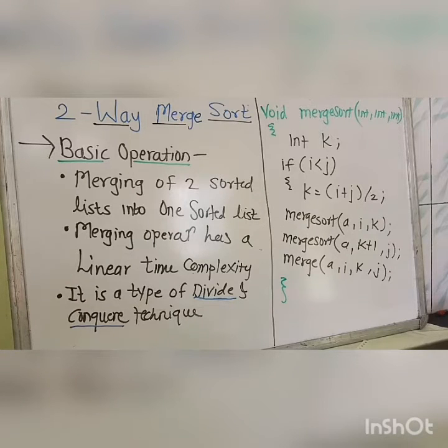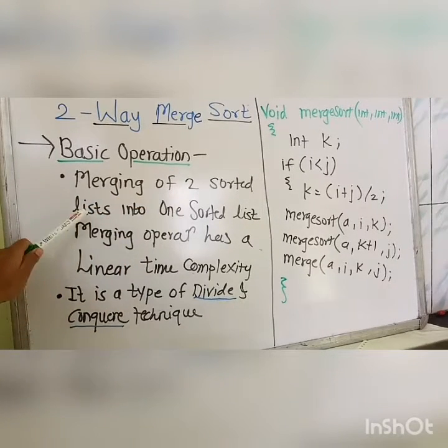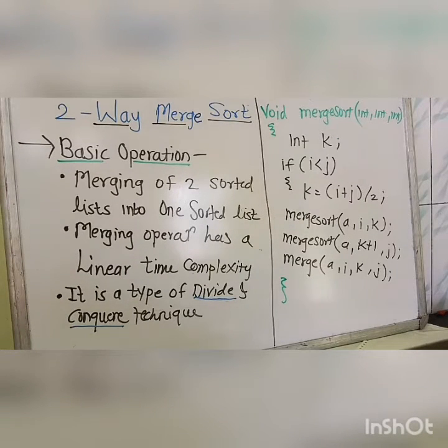So it is termed a two-way merge sort. Now see what the basic operation is. The basic operation is the merging of two sorted lists, which we had sorted earlier using the merge sort technique, into one sorted list. This is termed the merging operation.